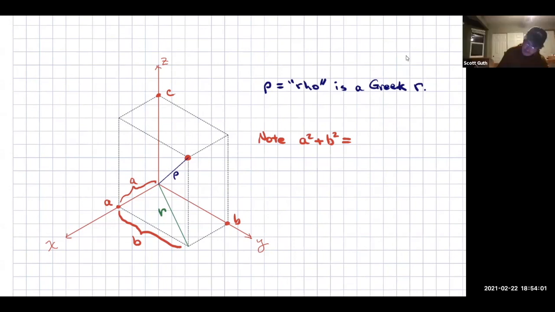Yeah, A and B are in the XY plane, so they're adding up to a right triangle in the XY plane. So I'll put the right angle there. And so those add up to R squared. You guys see that? That's a real right triangle. And then you want to recognize there's another right triangle here. So let me try and make it clear.